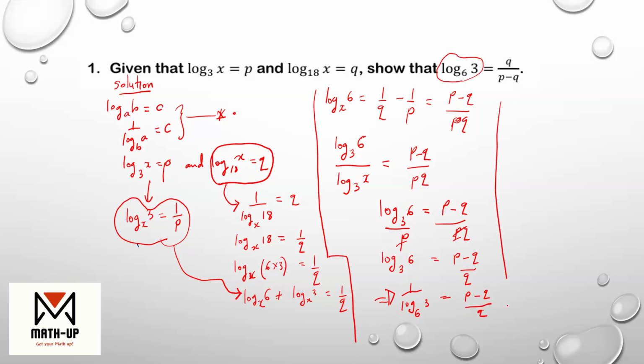And of course, we have to make log of 3 to the base 6 the subject. And that implies that we'll have our final solution as log of 3 to the base 6 as the reciprocal of whatever was on the right-hand side. And with that, we have been able to solve question 1.